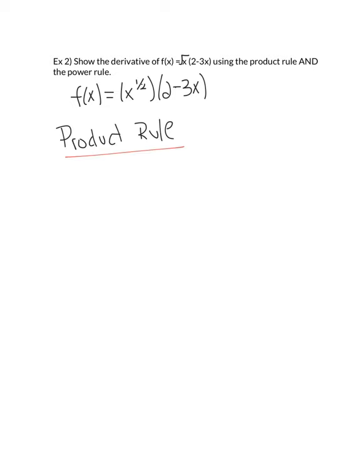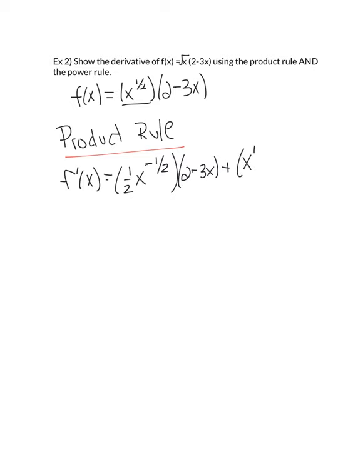So when I'm using my product rule, I'm going to be saying f prime of x is equal to the derivative of that first function. So 1/2 x to the negative 1/2. So again, what I did was bring that exponent down and subtracted 1 for my new exponent, times my original second function, plus my original first function multiplied by the derivative of that second function.